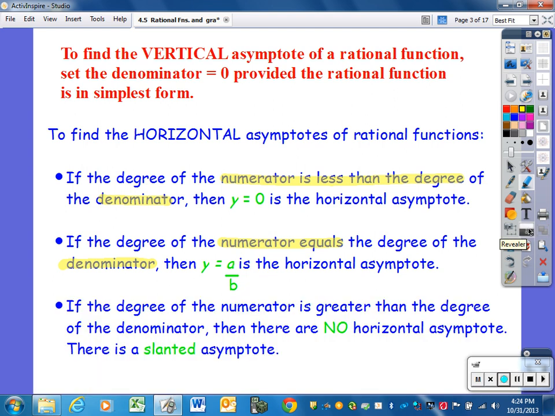And lastly, if the degree of the numerator is greater than that of the denominator, there is no horizontal asymptote. Instead, our asymptote would be considered slanted. It is not horizontal. This is what will be new from Algebra 2.